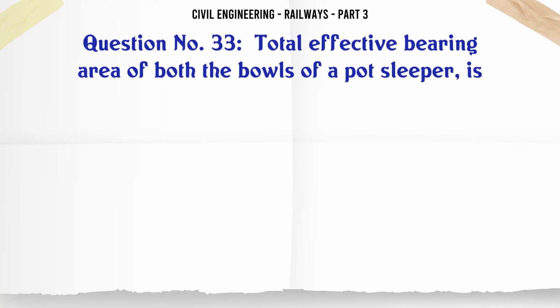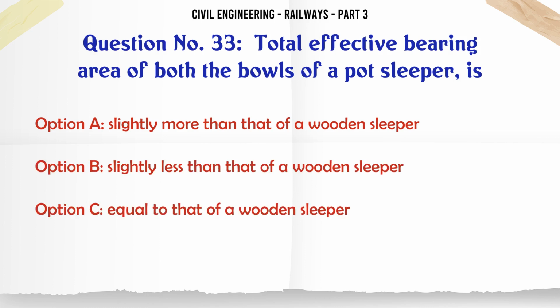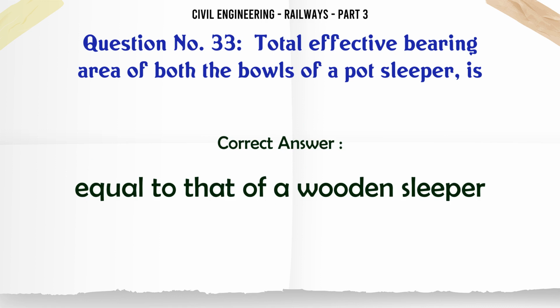Total effective bearing area of both the bowls of a pot sleeper is A. slightly more than that of a wooden sleeper, B. slightly less than that of a wooden sleeper, C. equal to that of a wooden sleeper, D. none of these. The correct answer is equal to that of a wooden sleeper.